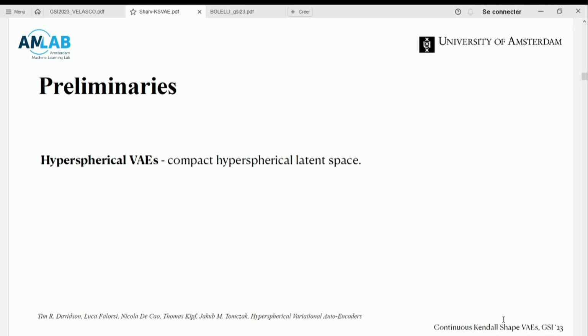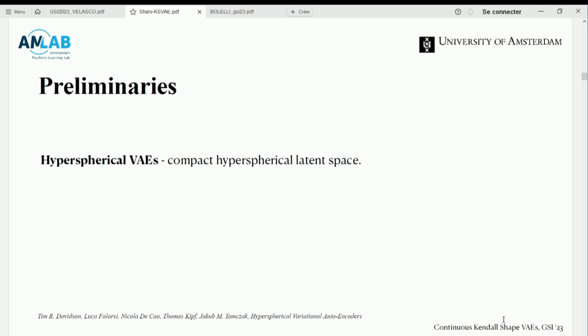Let's talk a bit about what kinds of VAEs have come so far and if there are any cool geometrical ones. The one of interest here is the hyperspherical VAE, which, as the name suggests, has a hyperspherical latent space. So instead of mapping to a normal Euclidean plane, you are mapping your latents to a sphere.